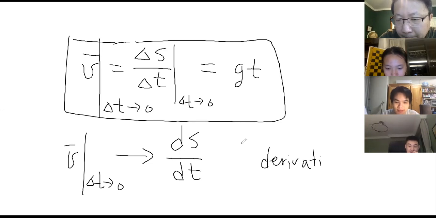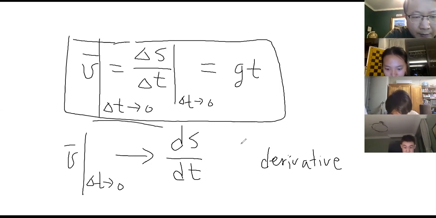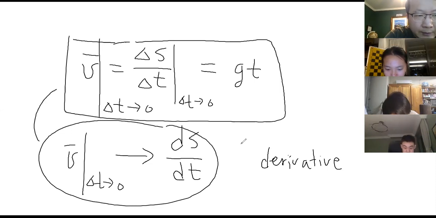derivative. In Chinese, we call it 微分. So the meaning of derivative is basically this. Got it? You have done this delta t approaching 0 kind of treatment. Got it?